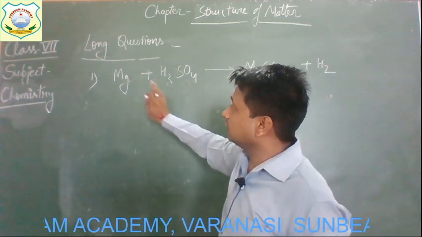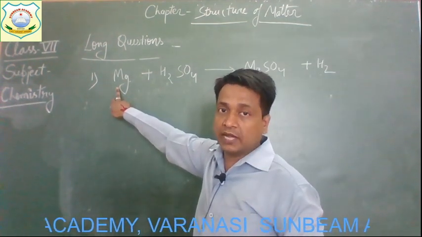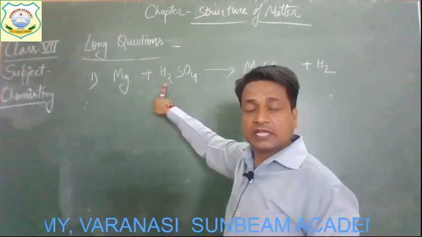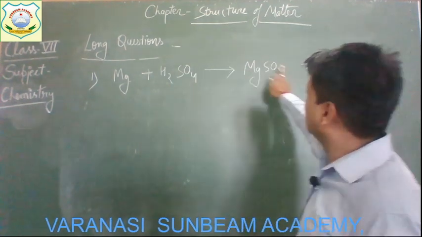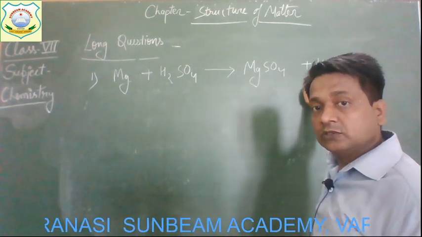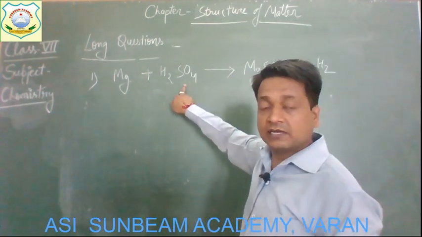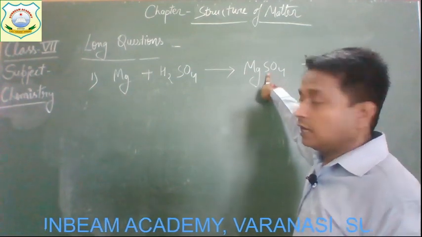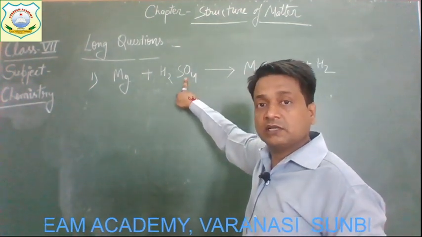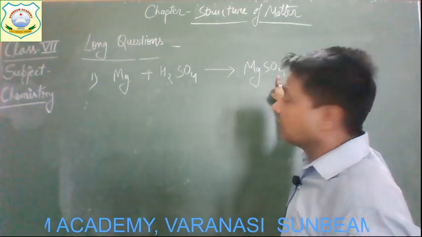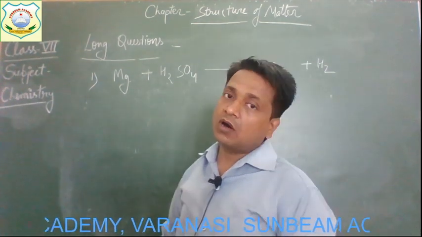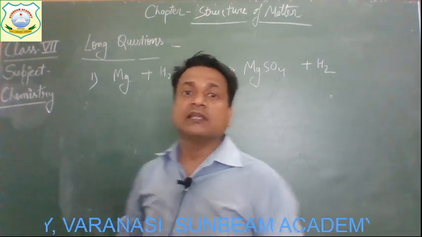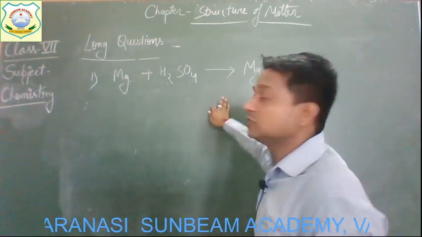On the left side, number of magnesium atoms 1. On the right side, magnesium atoms 1. Left side, hydrogen atoms 2. Right side, hydrogen atoms are also 2. Left side sulfur is 1. Right side sulfur is also 1. And left side oxygen atoms 4 and right side it's also 4. So we can say that all the elements are equal on both sides. It means that this equation is already a balanced equation.